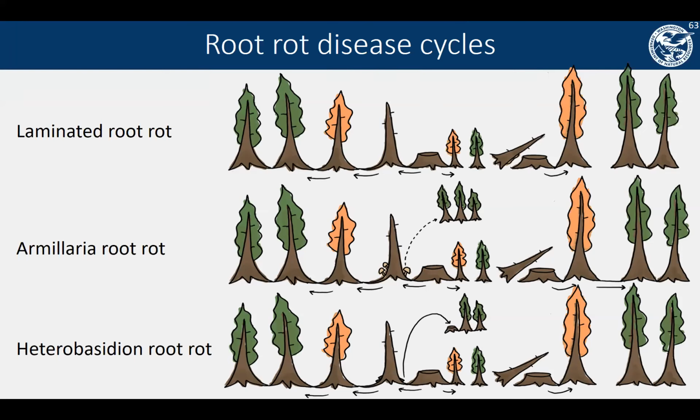And this is up to a point where this is taken into management consideration in some situations. So the two take-home messages here is thinking about slow root-to-root spread and the fact that the pathogens survive a long time in these stumps. And just remember that there's also slight differences between these different species.